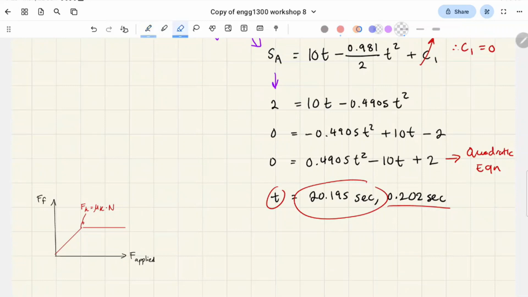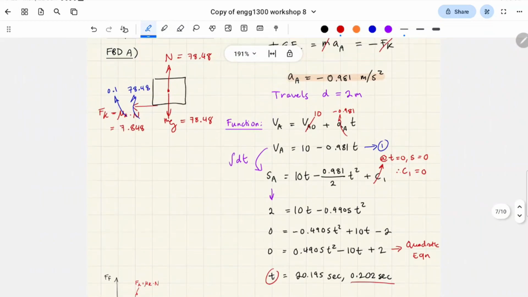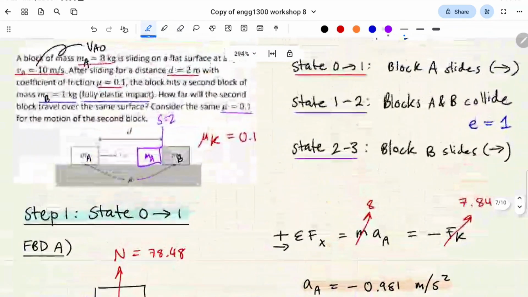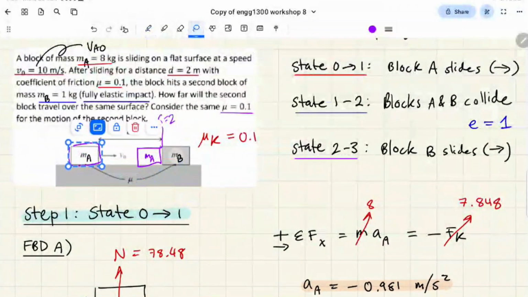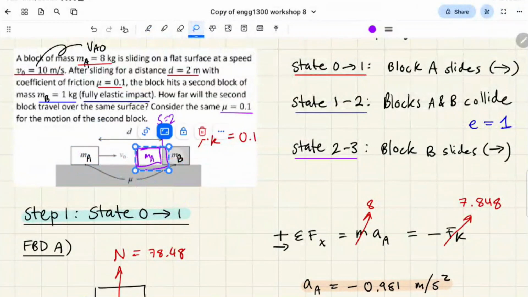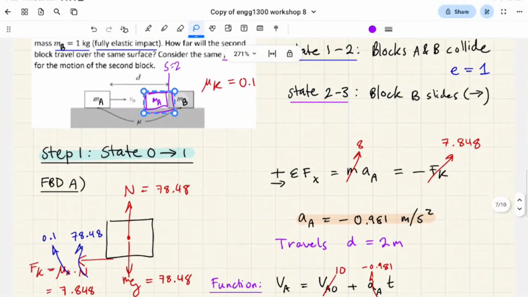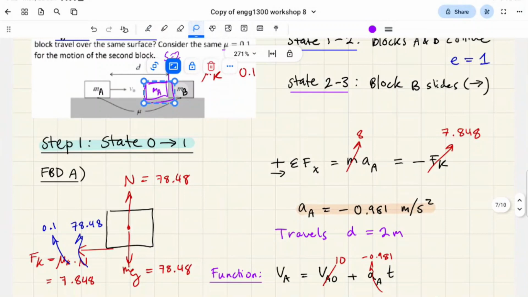From this parabola, here's the way that I was thinking about it. The box moves like this and then keeps moving, but from what we've told this mathematical equation, it'll move back left at 20 seconds, all the way to this point, due to the acceleration from the kinetic friction force.